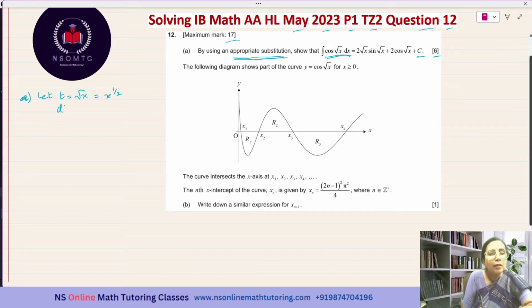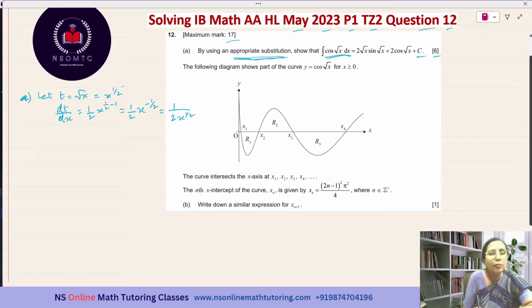So dt over dx is equal to half times, half comes down, and x gets raised to the power of half minus 1. So this is half times x to the power of negative half, or you can write this as 1 over 2 x to the power of half.